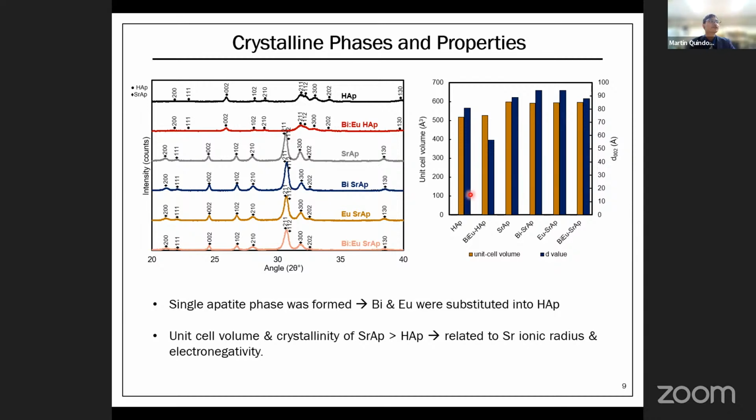And we can see here from the unit cell volume and crystallinity calculation that strontium apatite has a larger volume and crystallinity, which is related to its larger ionic radius and electronegativity in comparison with calcium.